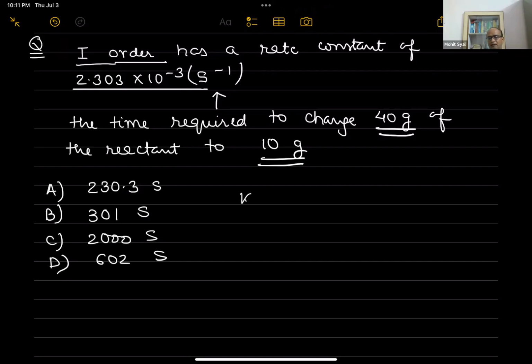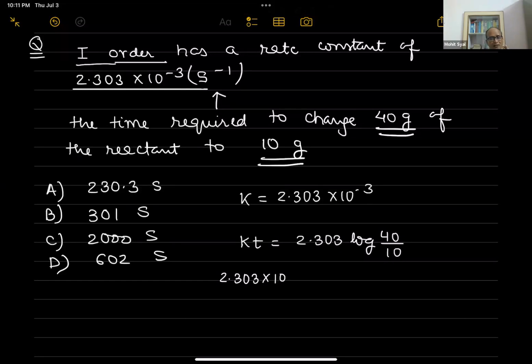So K is given, and you know kt equals 2.303 log of initial by final. Very easy question. The data is very good.